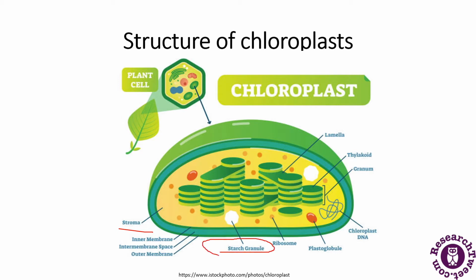This is a starch granule displayed in white. The small portions are ribosomes, then plastoglobule. This is a chloroplast DNA. This is a granum. Then these are the thylakoids and this is the lamella. So this is the structure of the chloroplast.